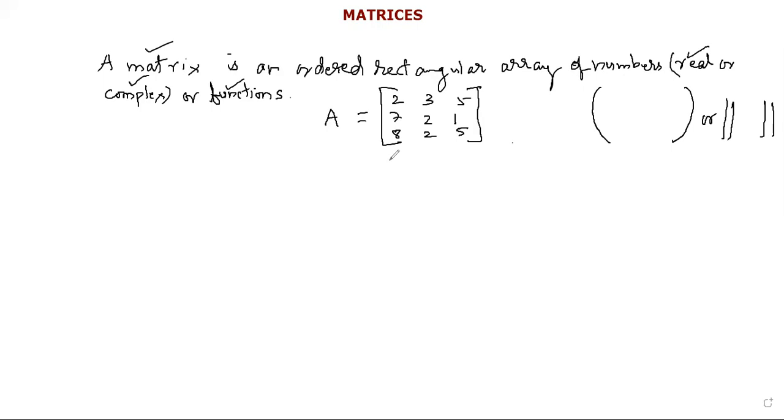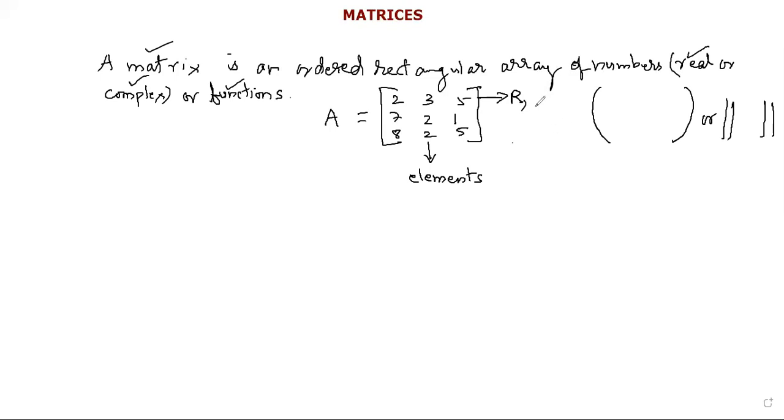So like this is the representation of a matrix, and these letters, which we are writing inside, the real numbers or complex numbers or functions, these are called elements. These are the elements of a matrix, and this is our first row, R1.